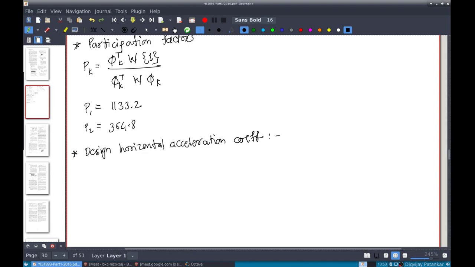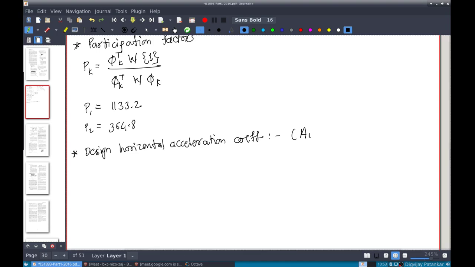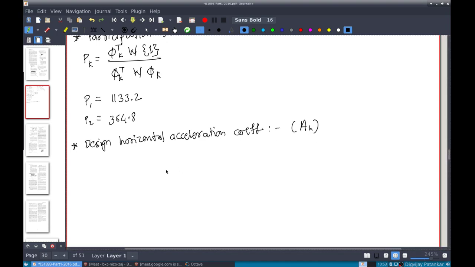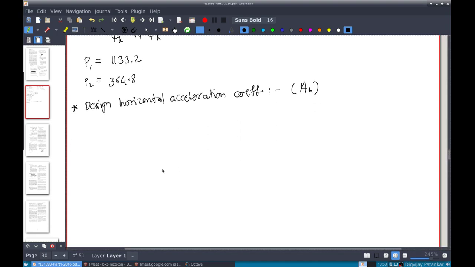That is nothing but Ah values. Since we have different T values, periods, for each period we will get one Ah value, we will call Ah1, Ah2 and so on for first mode, second mode.